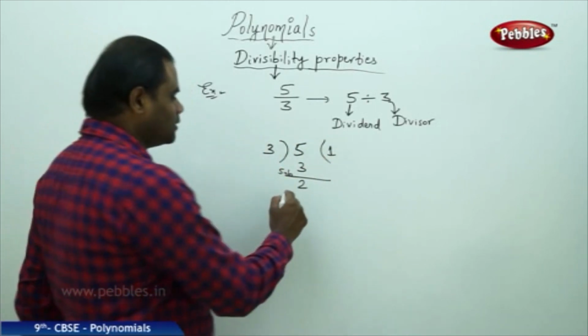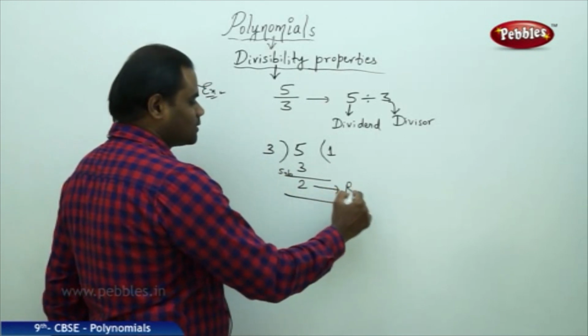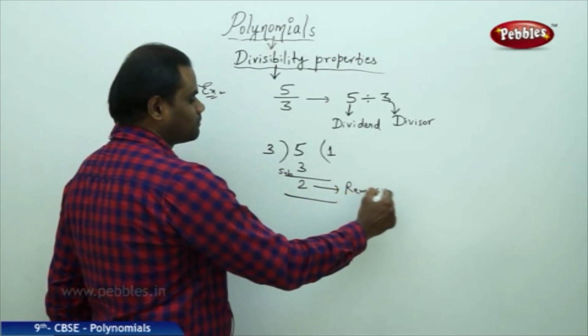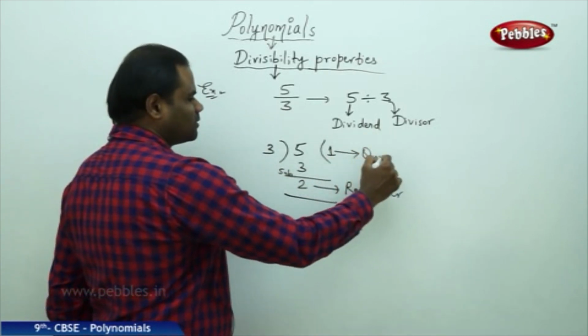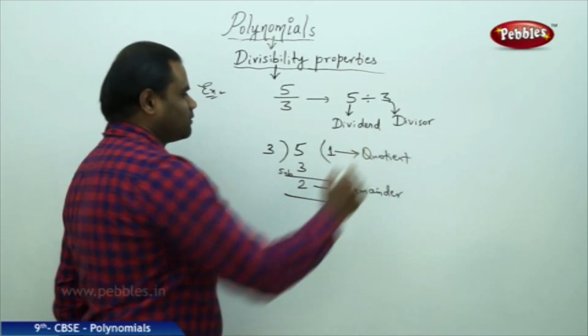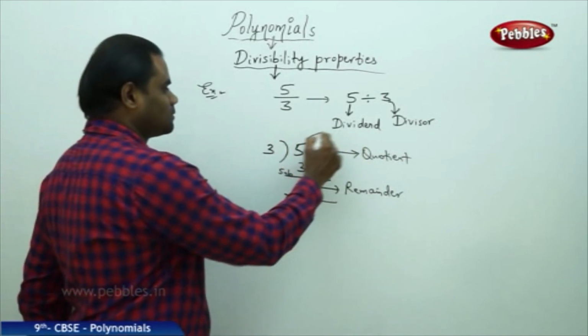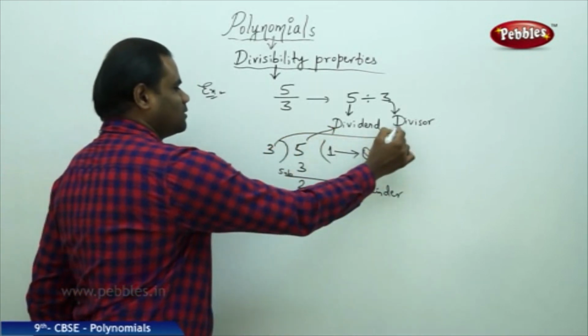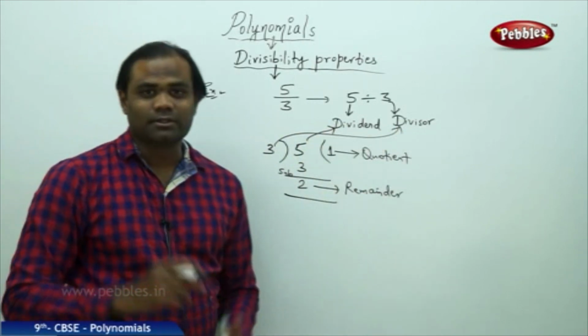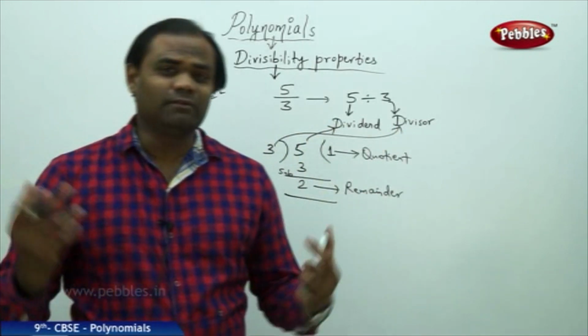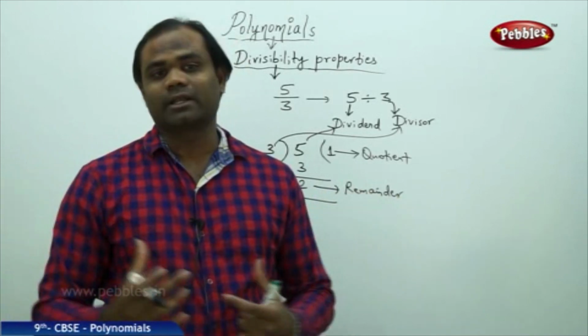So we halt here and we call this the remainder. And this is given by a specific name called the quotient, and 5 is called the dividend and 3 is called the divisor.